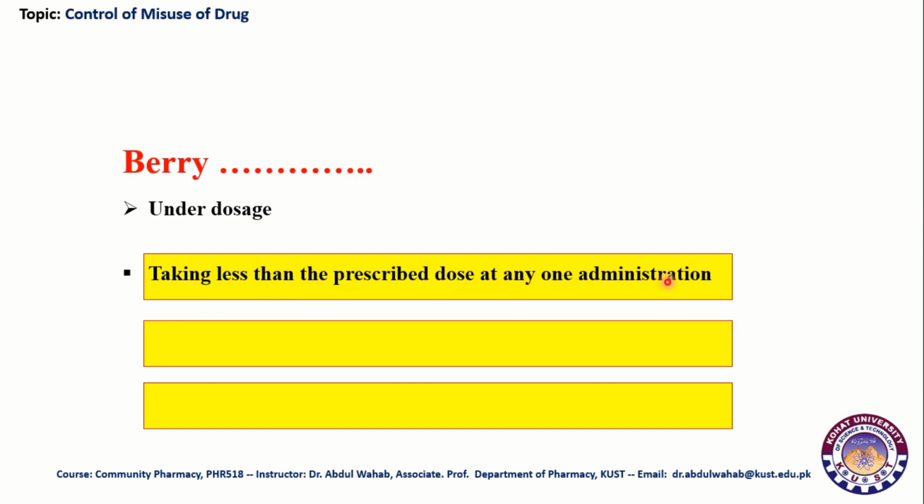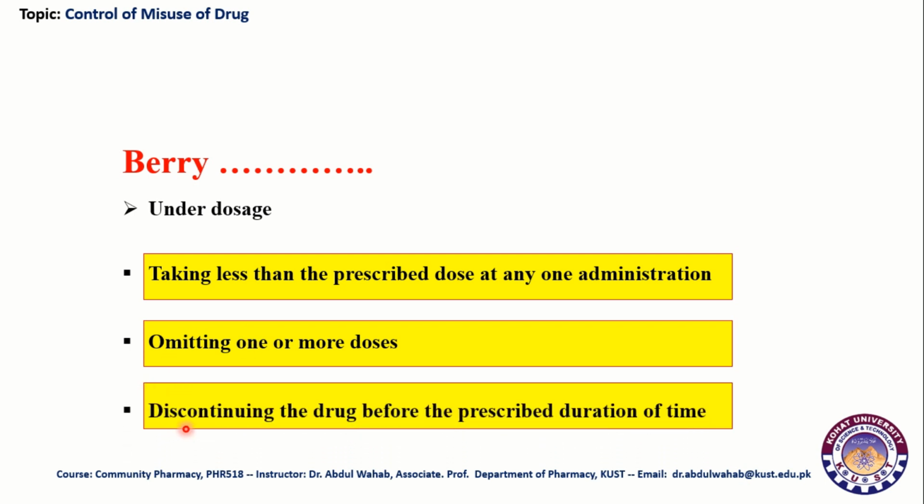Omitting one or more doses: if a doctor prescribes that a medicine should be taken 3 times a day, but a patient omits one dose, taking it 2 times a day instead of 3, it means misuse of drug according to Berry, because such omission will result in underdosage. So underdosage according to Berry is misuse of drug.